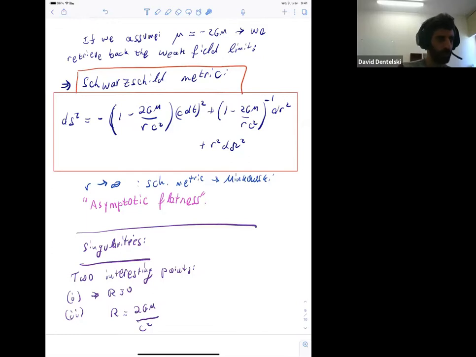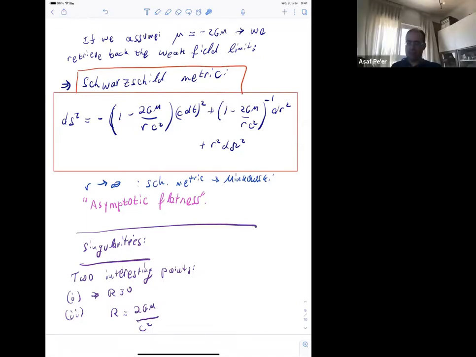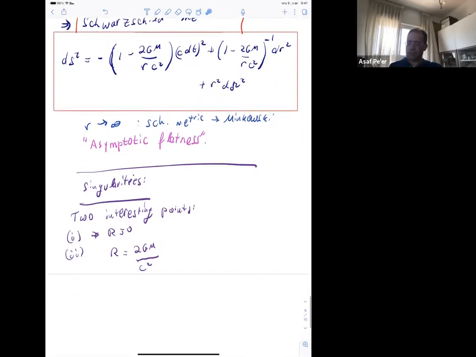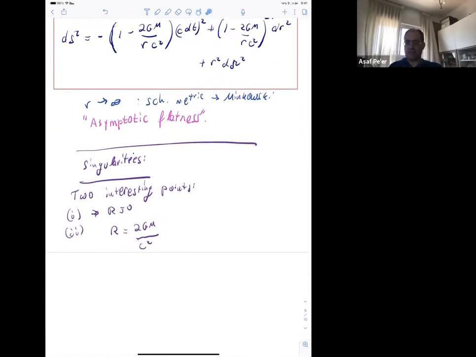No, because it's dependent on the coordinates. Exactly. It could be that it's just the way we wrote the coordinates, right? For example, you can take a flat space. If you take a two-dimensional flat space and you describe it in polar coordinates, in 2D Euclidean space, I can write it down as ds squared is dr squared plus r squared d theta squared.